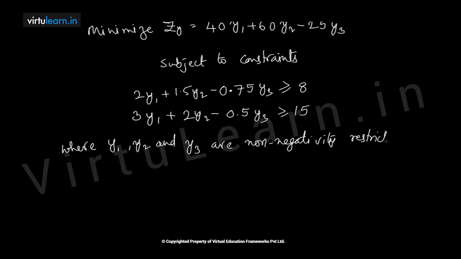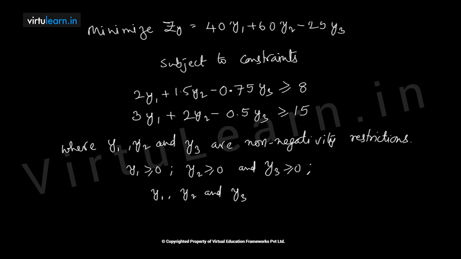That means they cannot have any negative values. So write like this: y1 should be greater than or equal to 0, y2 should be greater than or equal to 0, and y3 should be greater than or equal to 0. Or we can also write like this: y1, y2 and y3 should be greater than or equal to 0. This is how we will write the dual for a maximization problem.